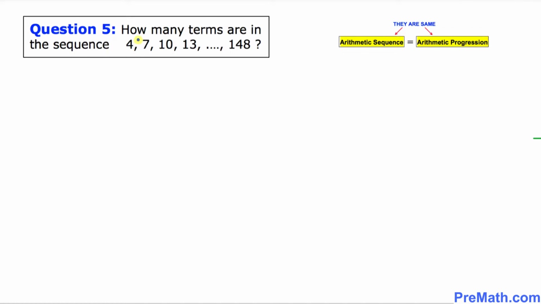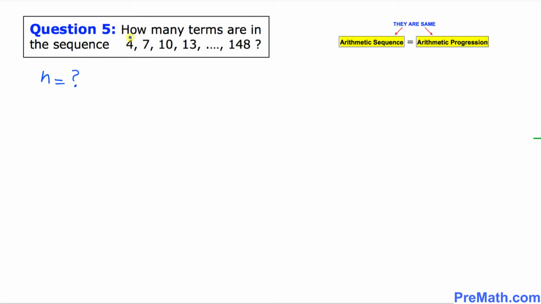And here is our next example. It states, how many terms are in this given sequence 4, 7, 10, 13, all the way to 148. When I say how many terms, it means we are going to find n equals how much?